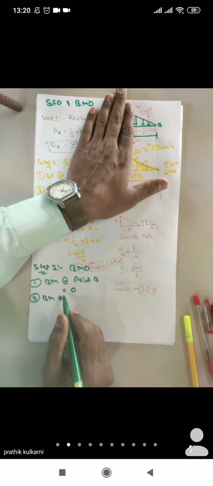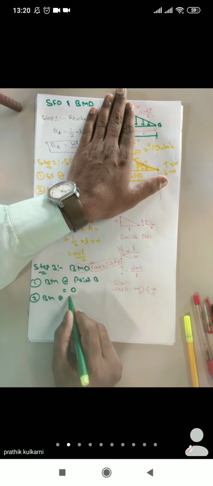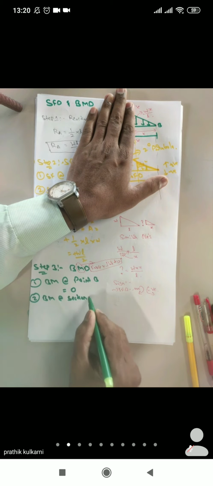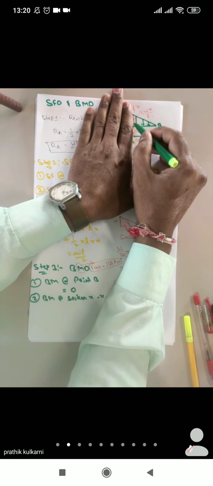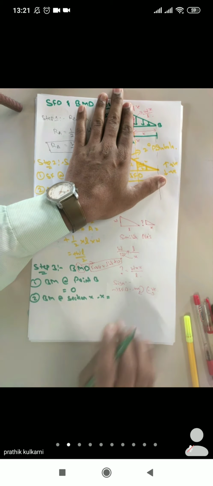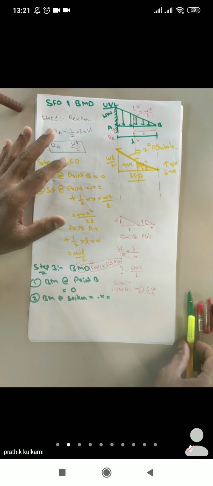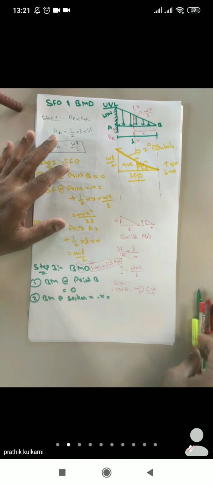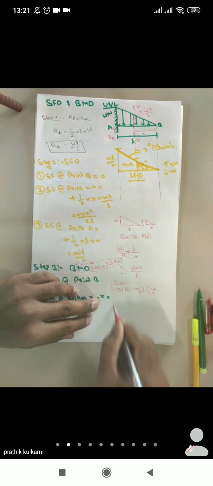Now we come across section XX. At section XX, we have this triangular loading, which is the UVL loading. But how it is going to bend the beam, that you have to check. Because for sign convention, shear force is clockwise and anti-clockwise.